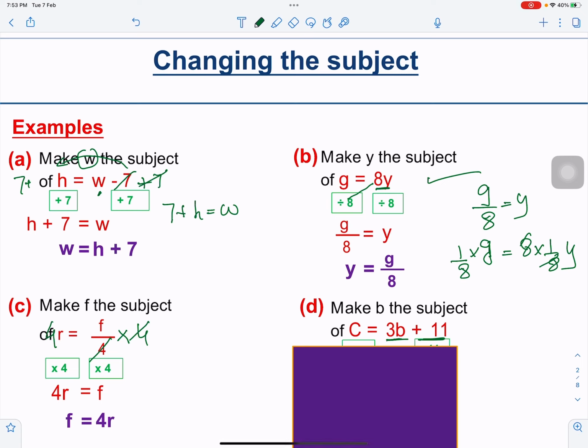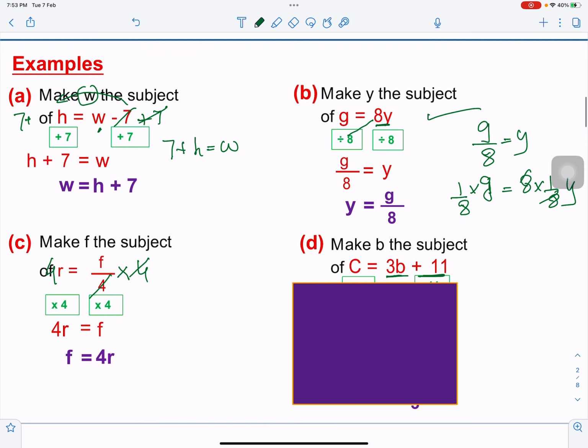First of all, you will get rid of the 11. So you will add minus 11 on both sides. You don't write it that way, you just say let's take it to the other side. So it will become c minus 11 equals 3b. And after that, because it is a case of multiplication, 3 will come down in the denominator. So it will become c minus 11 divided by 3.